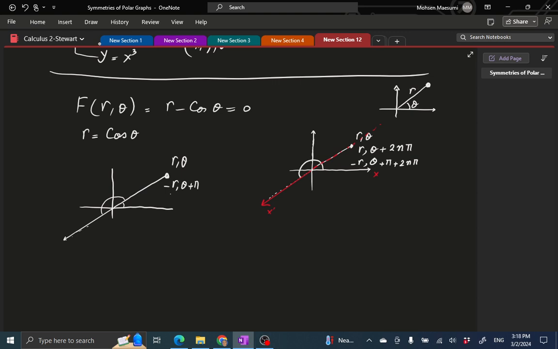So this pi plus 2n pi, you can summarize as 2n plus 1 pi. In short, this is going to be an even number, and this is going to be an odd number. So r and theta plus an even multiple of pi, or minus r and theta plus an odd multiple of pi. They're all referring to the same point.